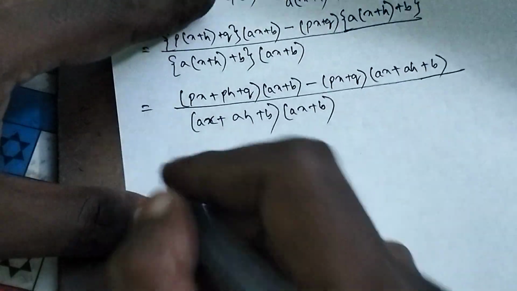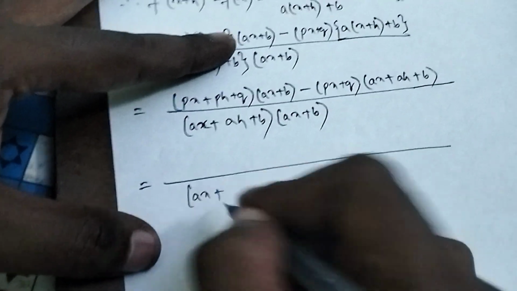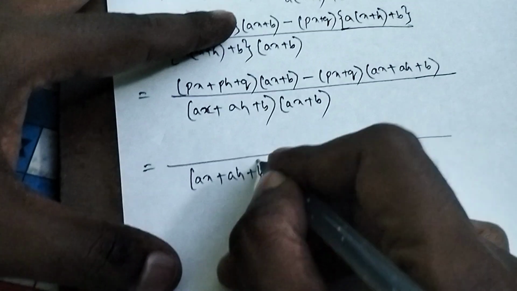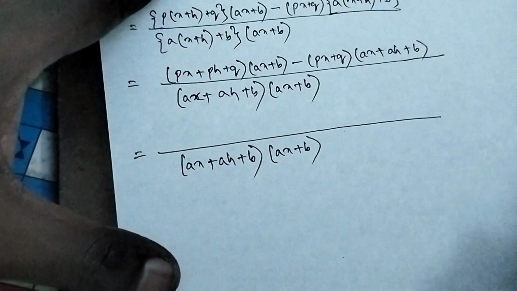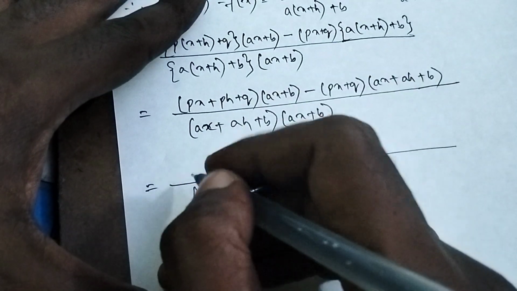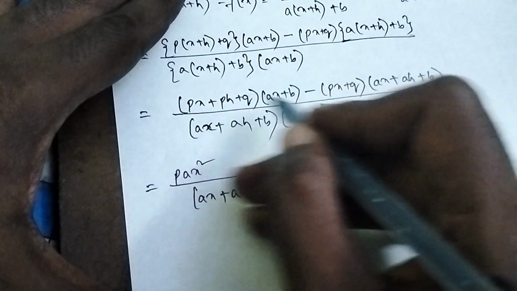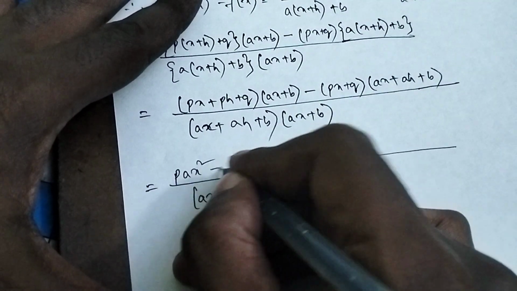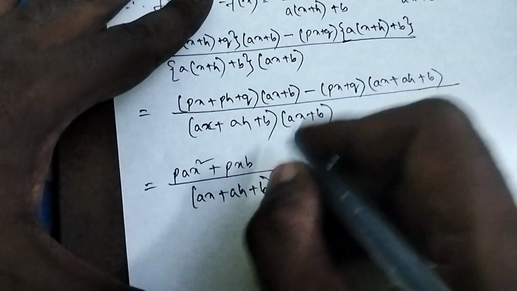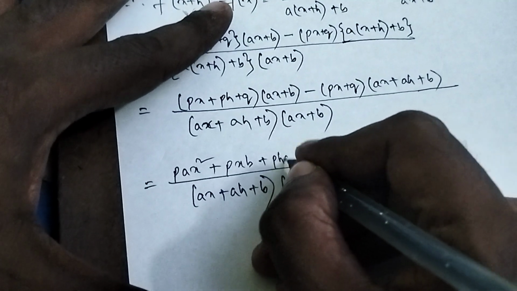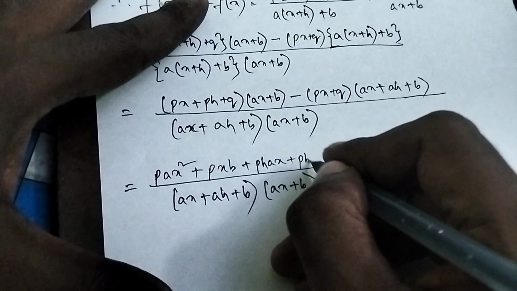Okay, so now it will be (ax + ah + b) into (ax + b). And in the numerator px into ax, that means pax square, px into b plus pxb. Okay, ph into x, that means plus phax. Okay, so ph into b plus phb.